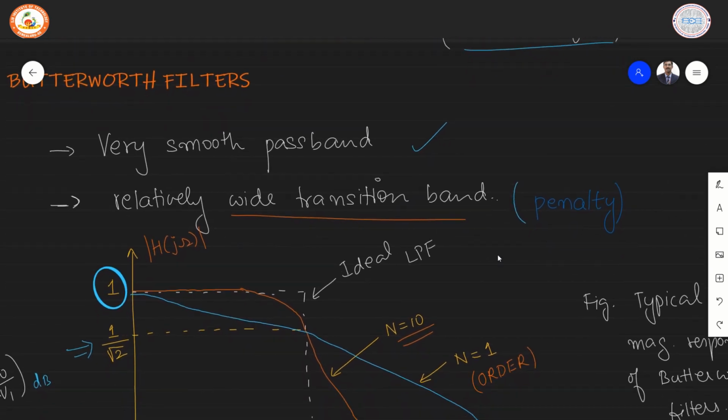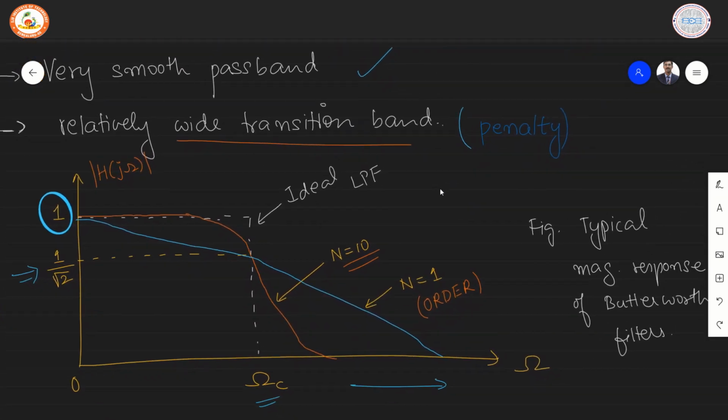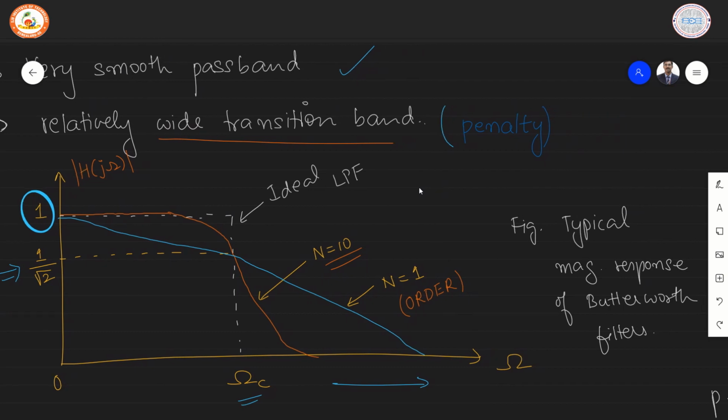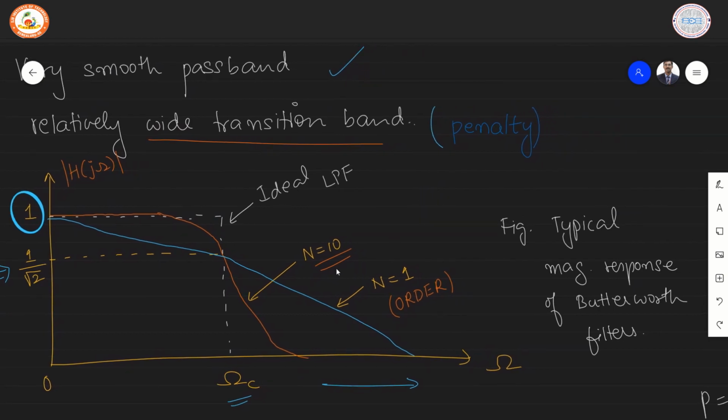Now let us look at the typical magnitude frequency response of a Butterworth filter and make a few observations from it. We have drawn a few plots. The dotted line here is the ideal response of a low pass filter. The same magnitude response, if it is drawn for different orders, is shown using the different color lines here.